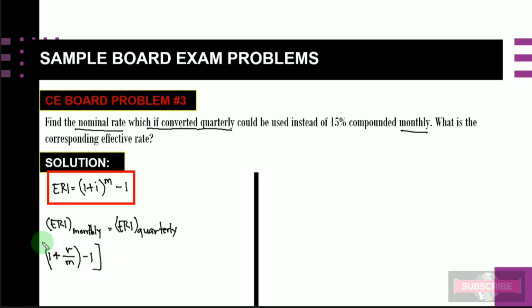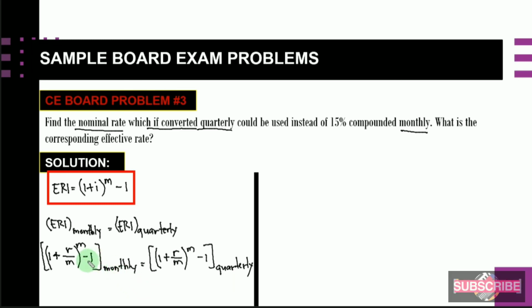We will enclose this one with a bracket, and this is for your monthly, equal now to 1 plus R over M, raised to the M, and the other one is to the M minus 1, and this is for the quarterly. So actually this 1 will cancel out here.